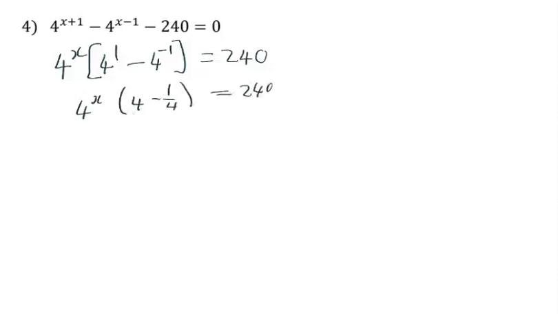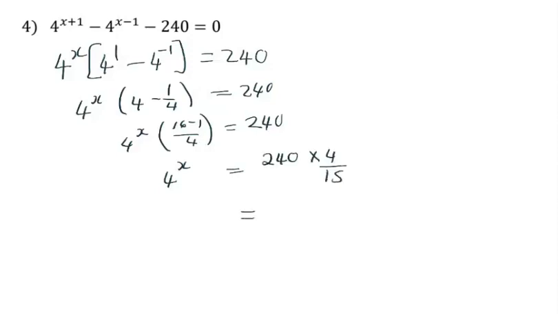If we simplify this, we get 4 to the x, and we have 16 minus 1 over 4, which is 15 over 4. So I divide by 15 over 4, or I multiply by 4 over 15 on both sides. And then I simplify my right-hand side.